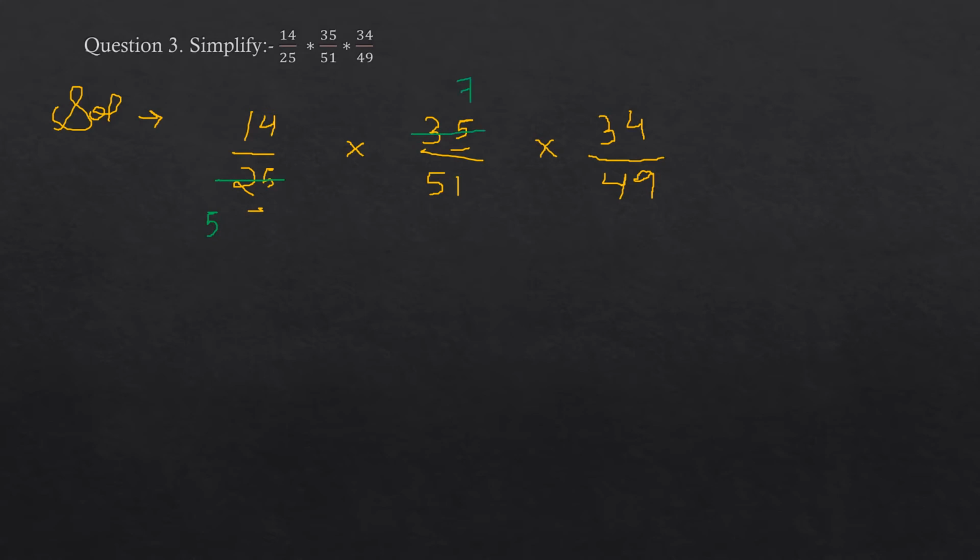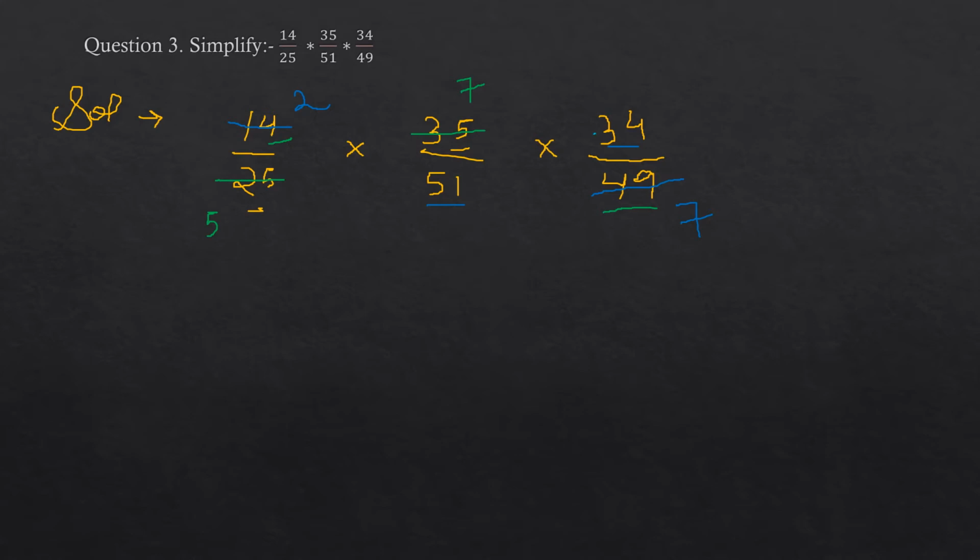Okay, and you can see here this 14 and this 49 have a common factor as what? 7, right? So 14 divided by 7 gives us 2 and 49 divided by 7 gives us 7. Okay, now you can see here with this 51 and with this 34, 17 is the common factor, right? 17 is the common factor for both of them.